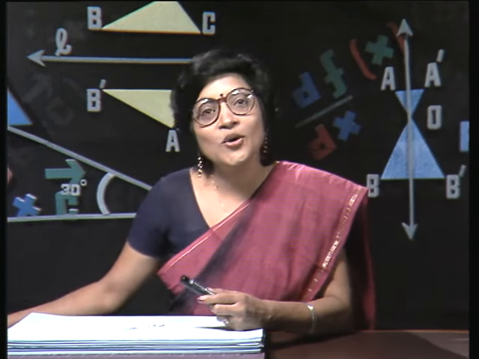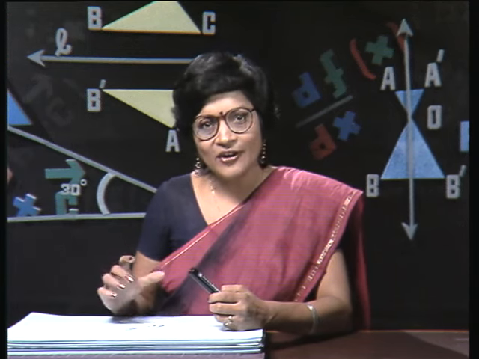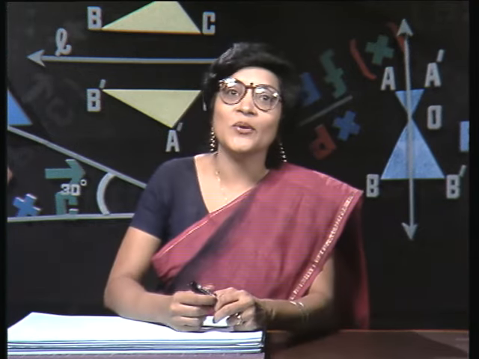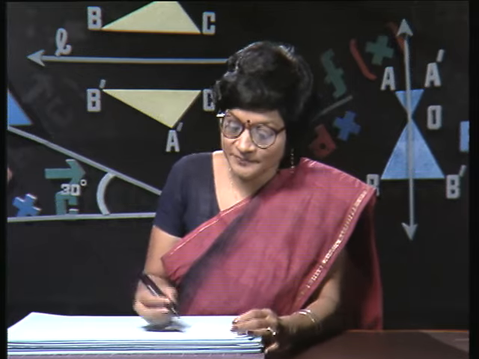In other words, what would be the resultant velocity of the ball? Is there any way of adding these two vectors A and B to find out the resultant? Yes, there is, and that is called vector addition.